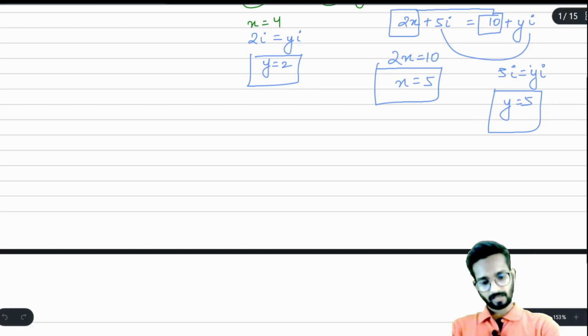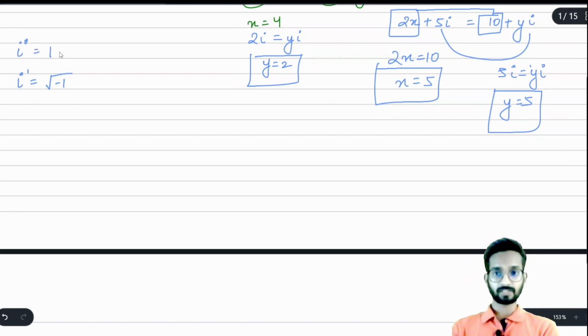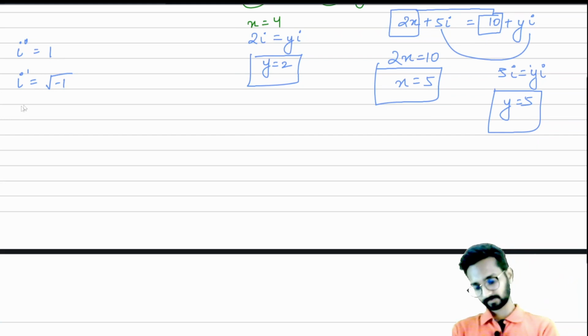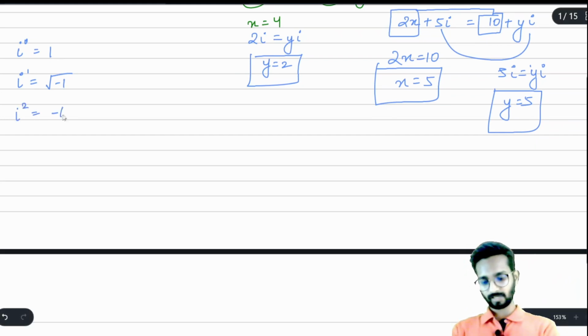Understand this. We all know that i is equal to root of -1. I can say this is i power 1. If I ask you what is i power 0, i power 0 is 1. Anything power 0 is 1, we know that. Now, if we have i square, what will it become? It will become -1.